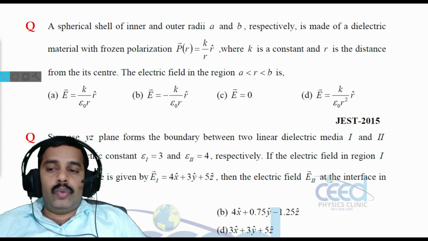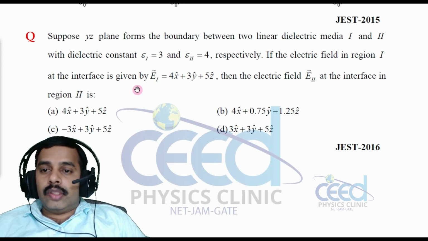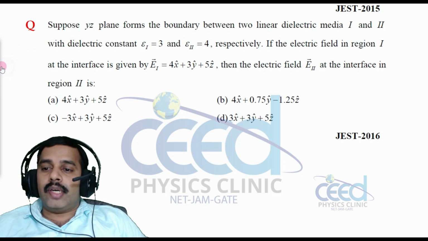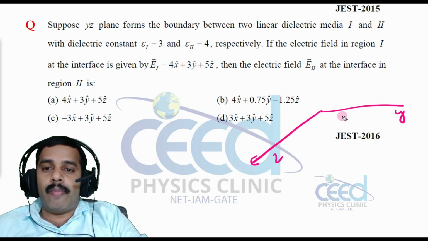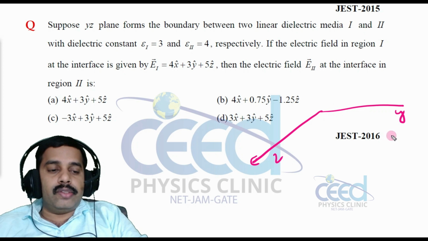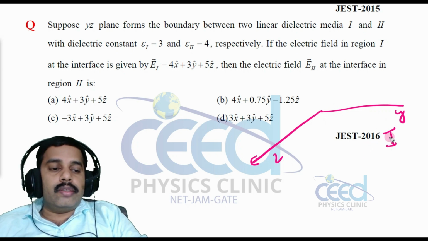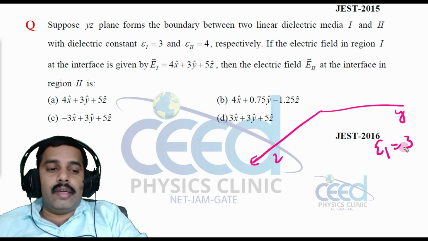Now let us do the last question. Suppose the YZ plane forms a boundary between, so I am considering the YZ plane, right? So this is my Y and this is my Z. The YZ plane forms a boundary between two linear dielectric media. So here medium 1 with epsilon 1, its permittivity is 3, right?